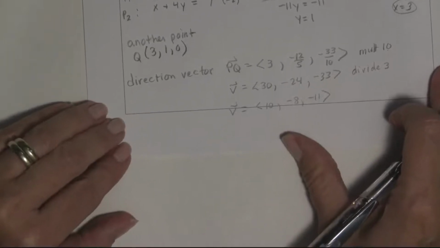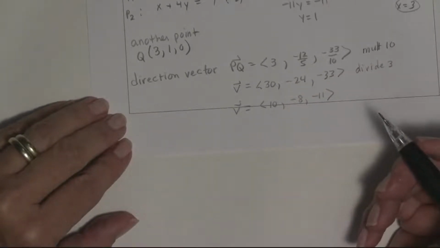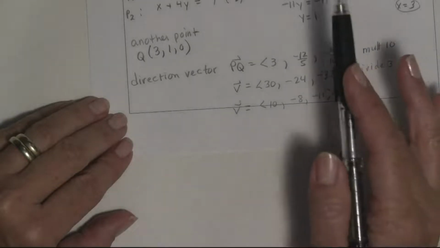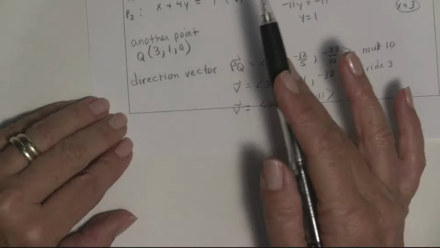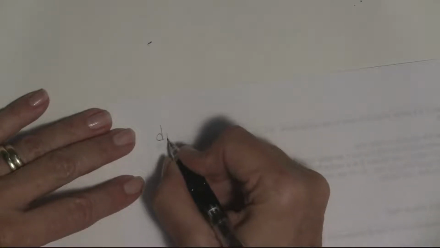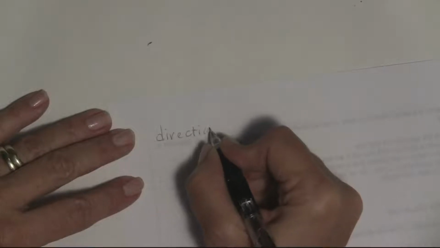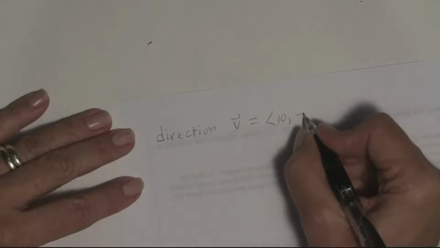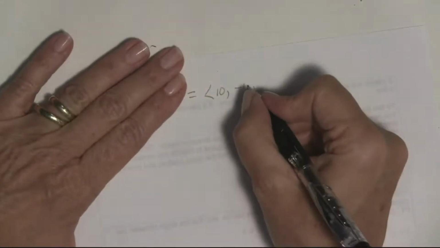And then putting that in the form, did they say what form of the line they wanted? Find the equation of the line of intersection. They didn't. So I'm going to write on the other side, because I had to have more room, and I'm really sorry. So I have a direction vector for my line of 10, negative 8, and then negative 11.